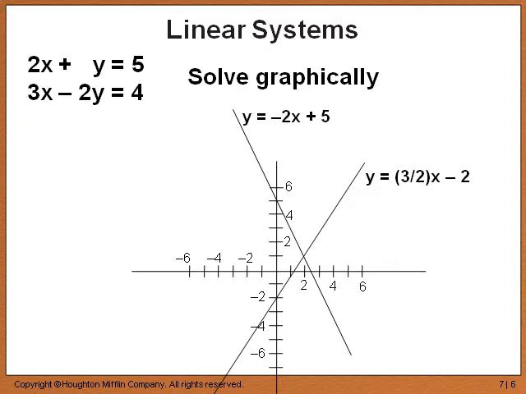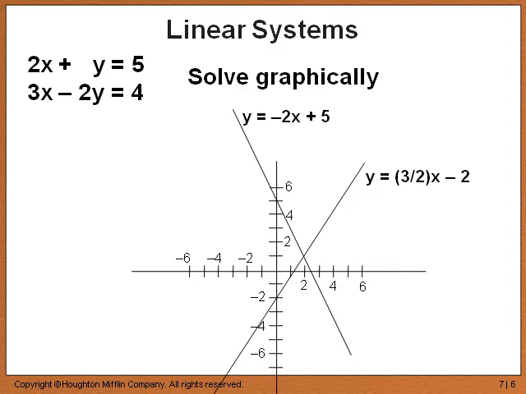If you simply solve for y in that line and put it in terms of x, you'll get y equals 3/2 x minus 2. That's the mx plus b form of a line that's easy to graph.